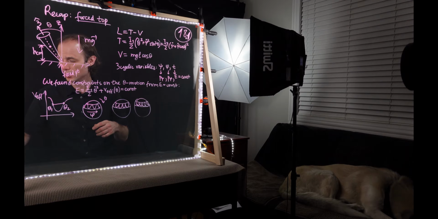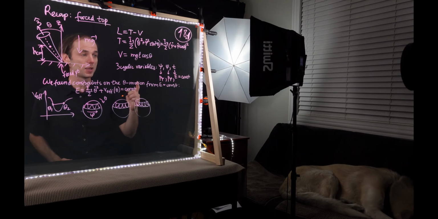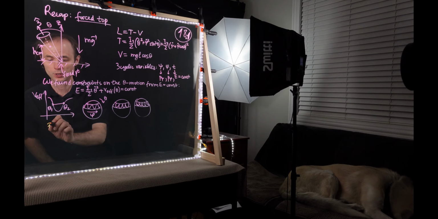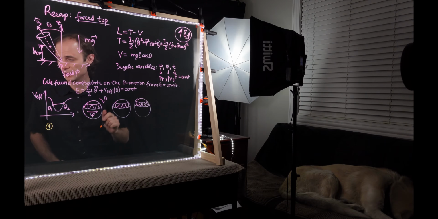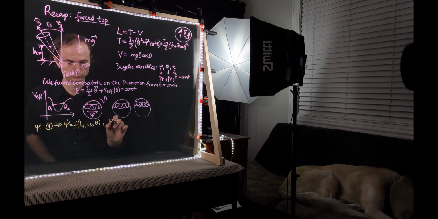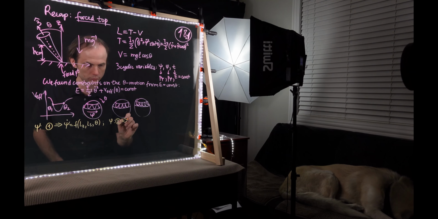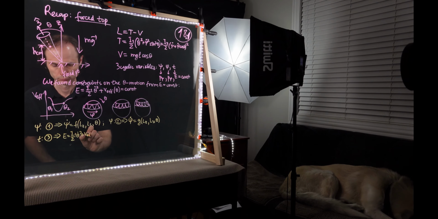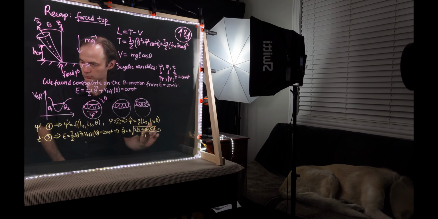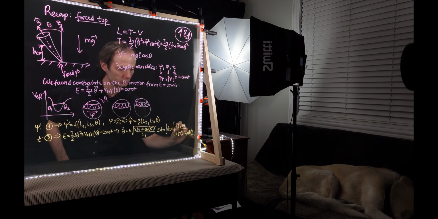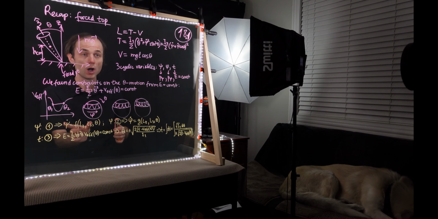Well, we wrote down that the conservation of the psi momentum reduces to this form, where psi dot is expressed as a function of two conserved variables, the L_z and the L_3 angular momentum, as well as the theta variable.